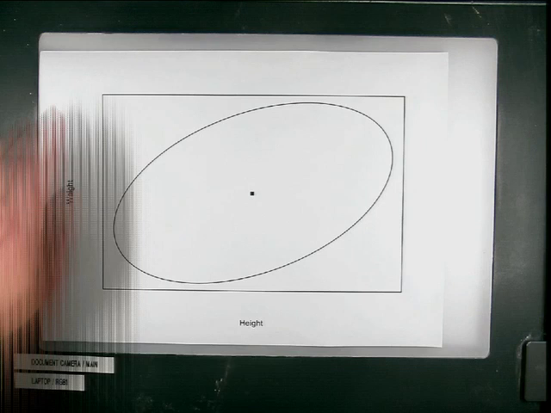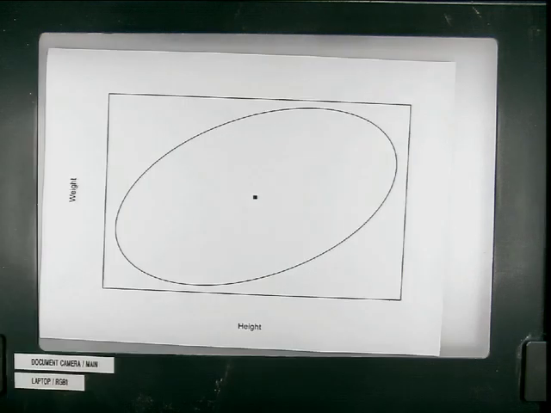Does anybody have a guess as to what this black square is right smack here in the middle? Pierce? The average of both, right, so it's located at the average value for height and the average value for weight.